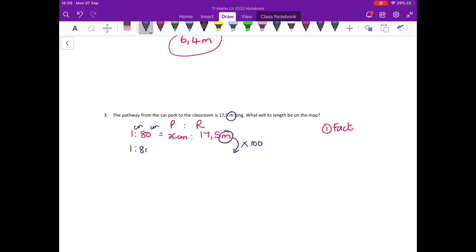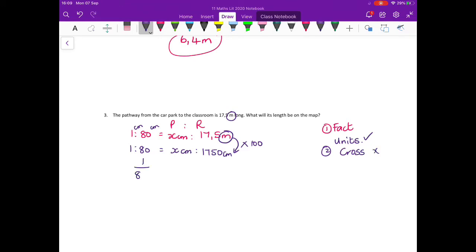So I now have 1 to 80 equals x centimeters to 750 centimeters, so my units are the same. I'm now going to cross multiply.